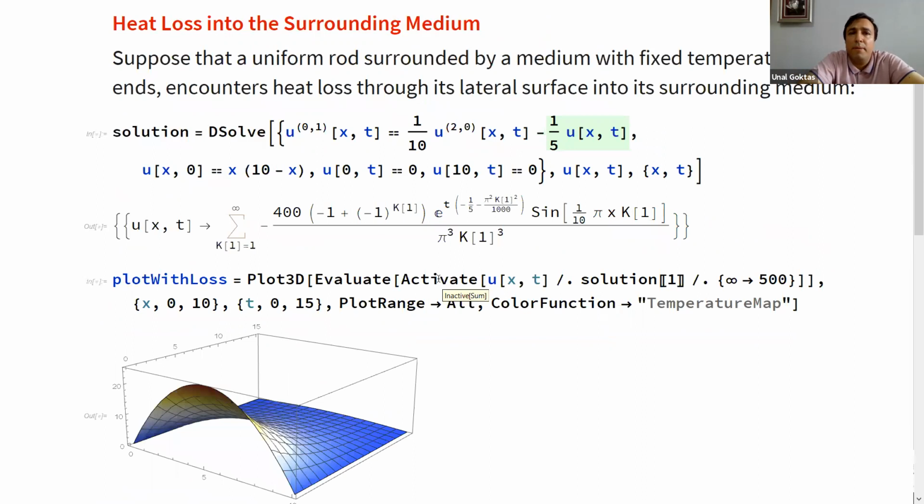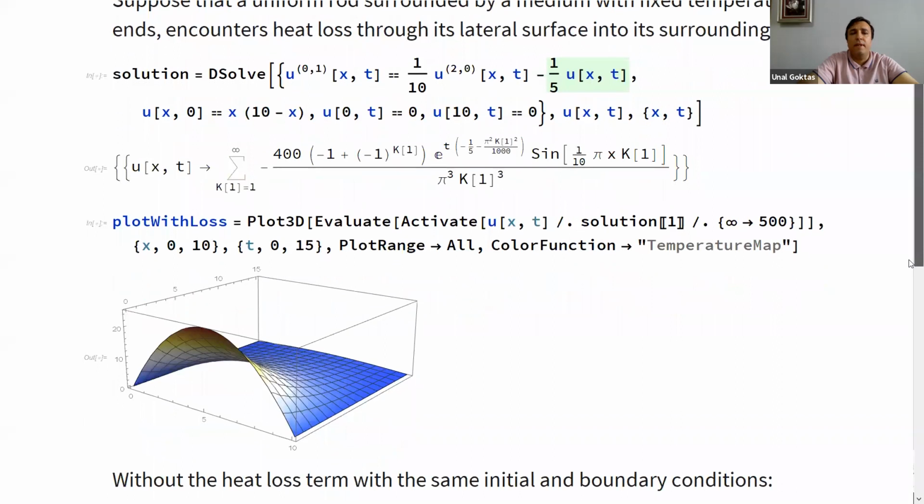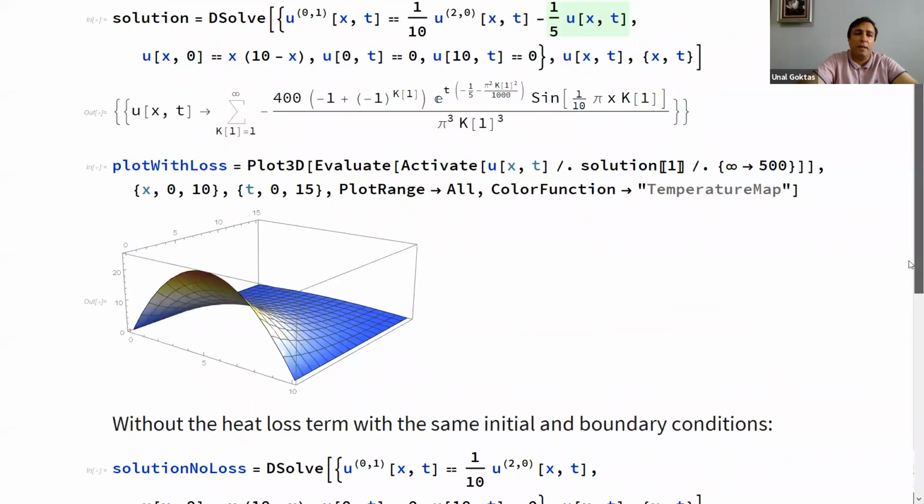The next problem is when we have a heat loss in the system. So this is the term representing the heat loss. Again, we have Dirichlet boundary conditions, and the solution is an infinite sum as expected. When we plot the solution, setting infinity to 500 for practical purposes, we get this as the plot.